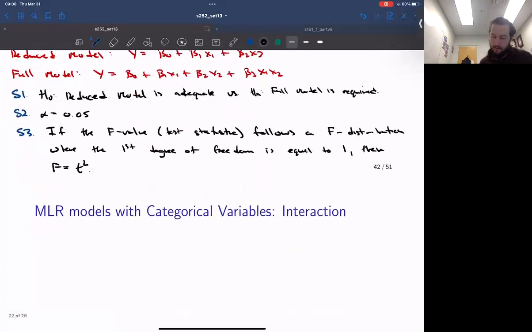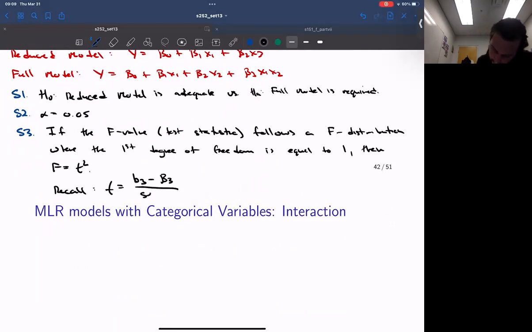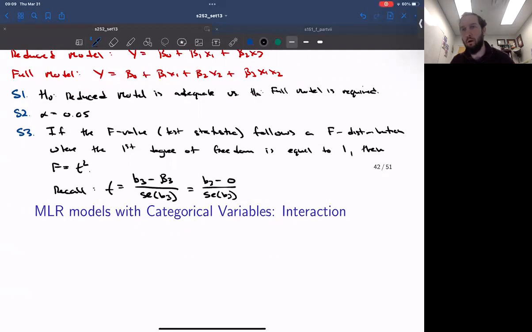Okay, so in this illustration, recall T is equal to B3 minus beta 3 over the standard error of B3. So this is going to be B3 minus 0 divided by the standard error of B3, given that we're just testing whether or not beta 3 is different from 0.